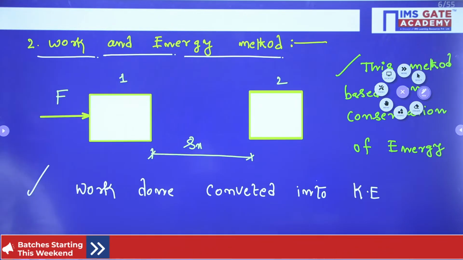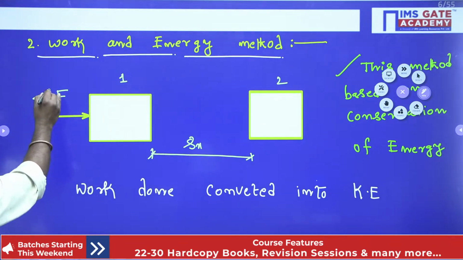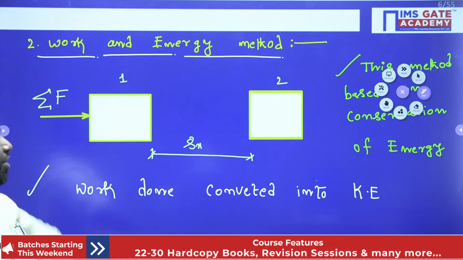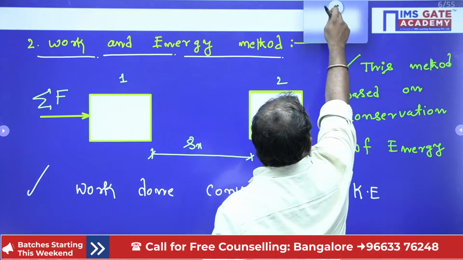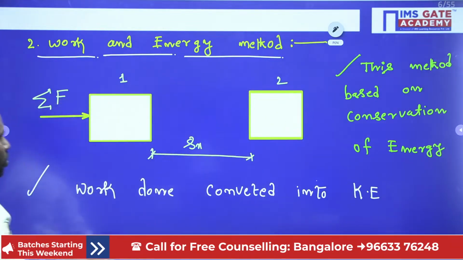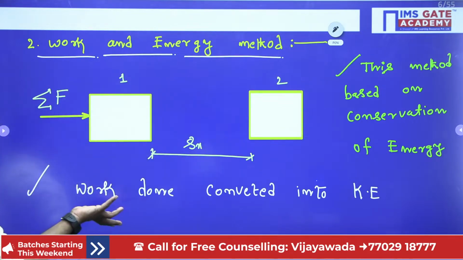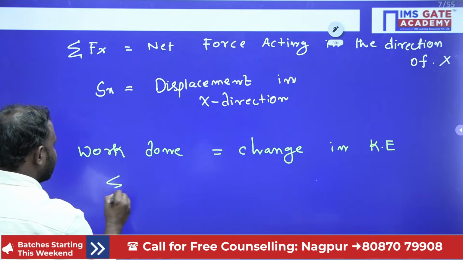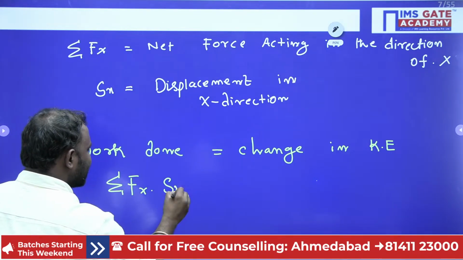Suppose this is sigma F, that means all the forces acting on the body, I am taking as a net force. So work done is force into displacement: sigma Fx into Sx.